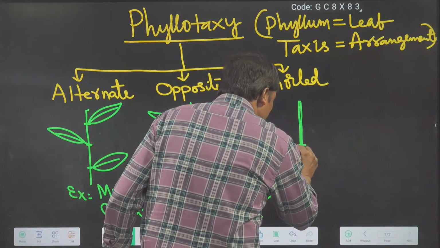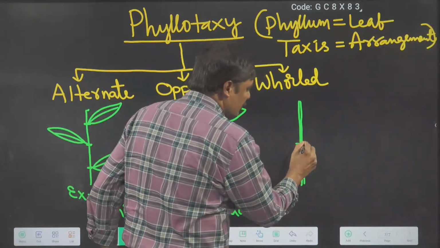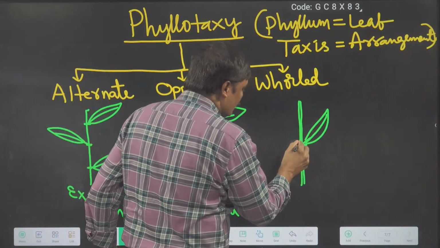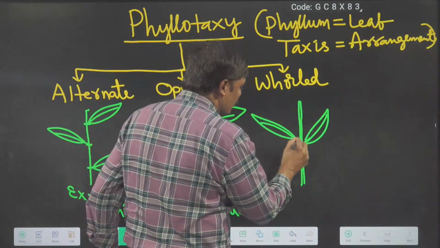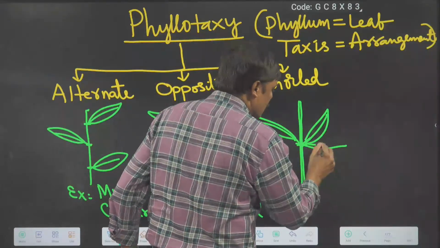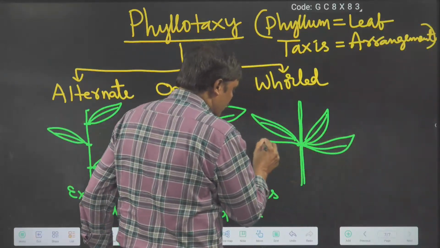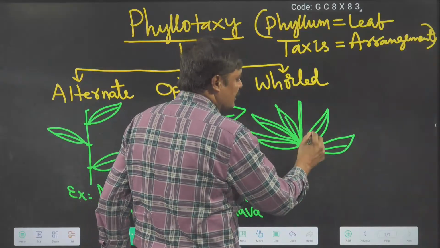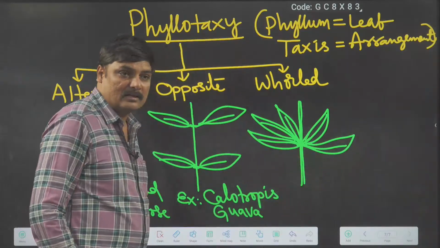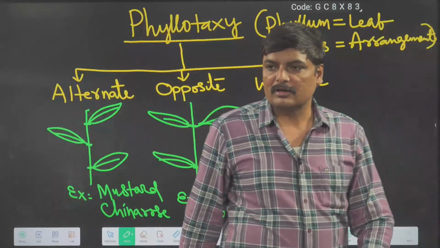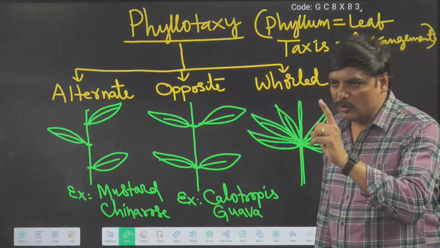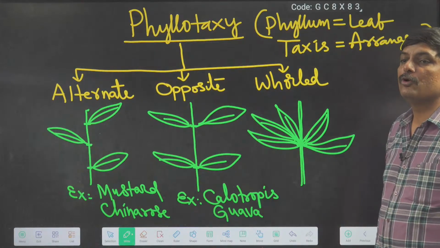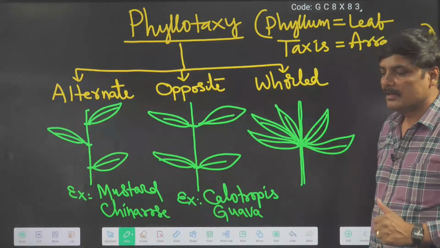This is the node. Here, one leaf, second leaf, third leaf, fourth leaf, fifth leaf, like this. Look at that. At every node, if more than 2 leaves arise, then it is called whorled phyllotaxy.